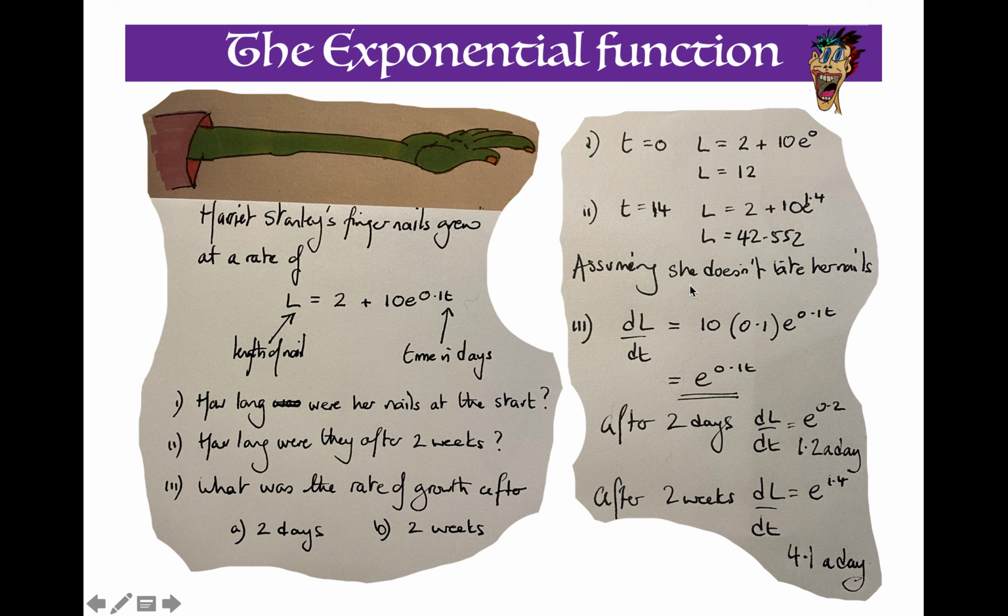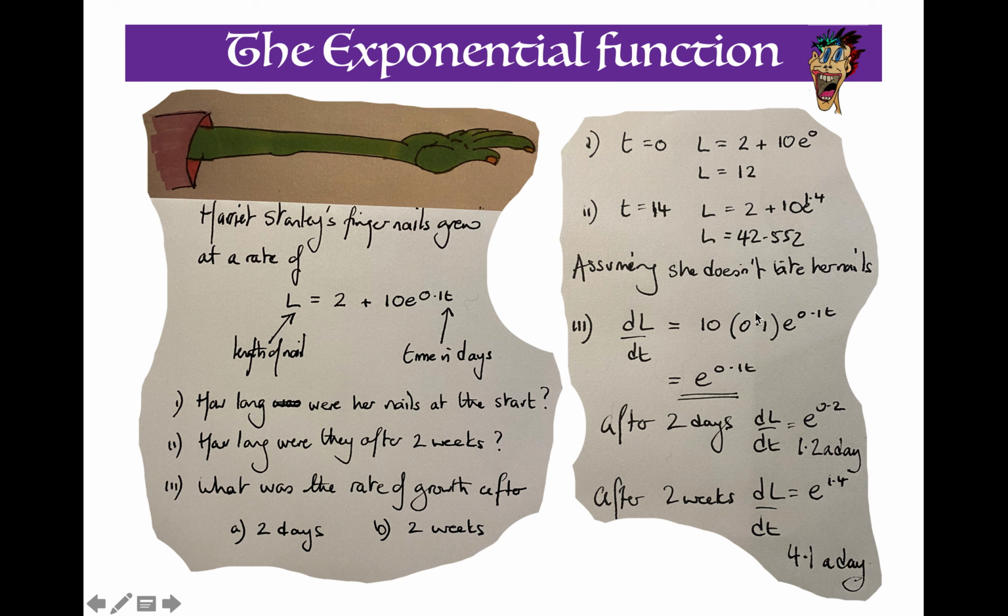Now let's look at the rate of growth. The rate of growth is a rate of change. You should remember what that is. That's calculus, so we're looking at differentiation. We're looking at how much the length changes with respect to time, so dL over dt. So we need to differentiate the equation. The constant becomes 0. And don't forget, when we differentiate an exponential, the constant k drops down.